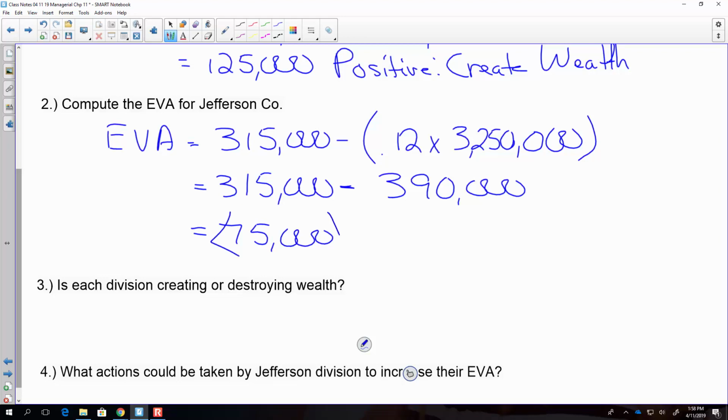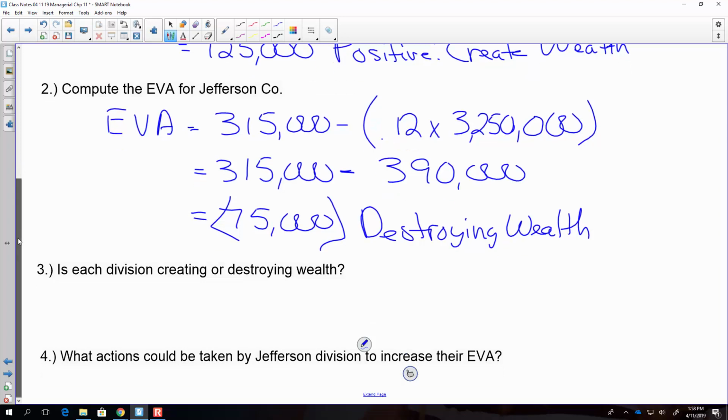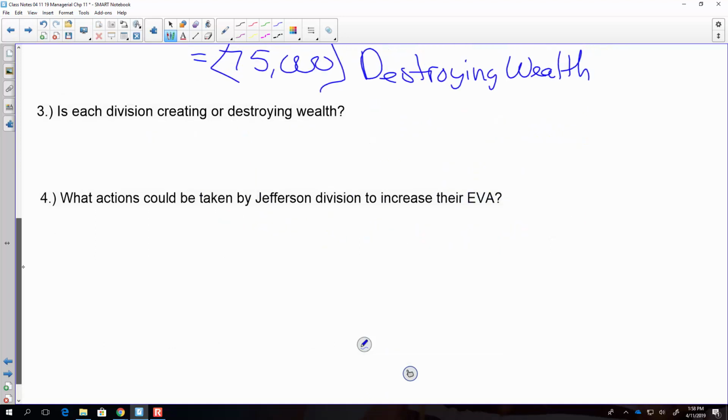So in this case, we are destroying wealth. This particular division, Jefferson, has the opportunity now to make a change. We need to determine what Jefferson can do to improve this EVA, and this is something Herman Miller was looking at.